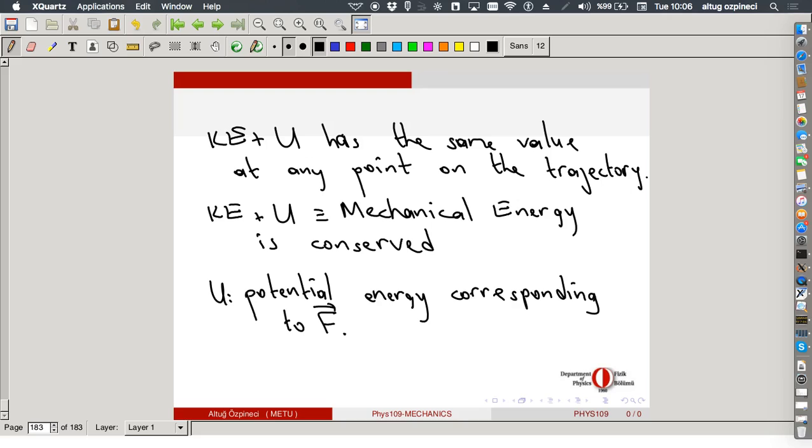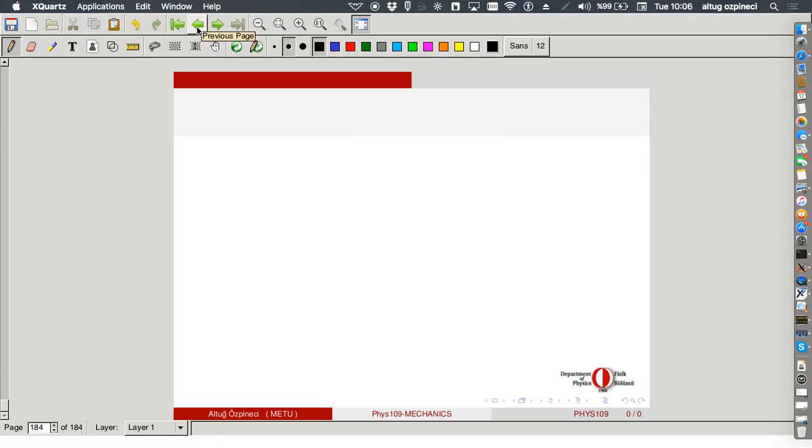Now let us see what happens if there are also non-conservative forces. In that case, the total force, well, there might be some conservative forces acting on the system, like if you have some object on an inclined plane with friction, there is the gravitational force, which is a constant force, hence it is conservative.